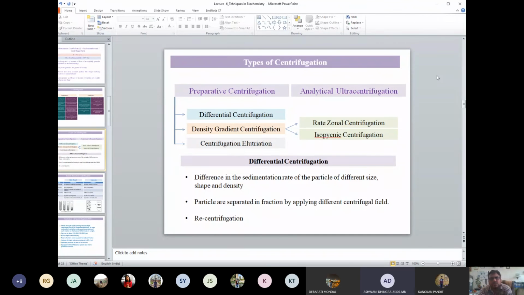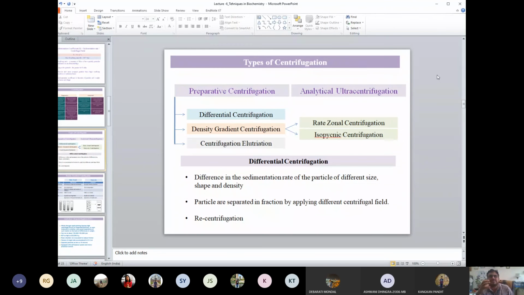Type of centrifugation. I was telling you that it has been classified into two different types. We are discussing preparative centrifugation, and I told you that preparative centrifugation has been further classified into three different types. One is differential centrifugation, and as the term suggests, differential means difference in the size, shape, and density of the particle.